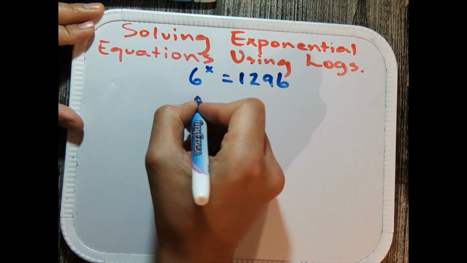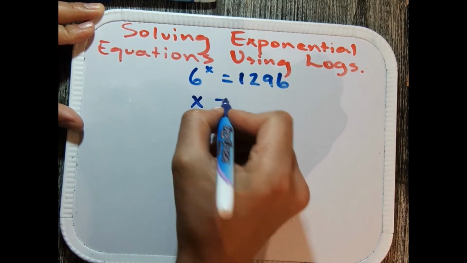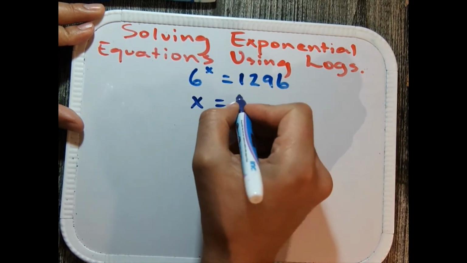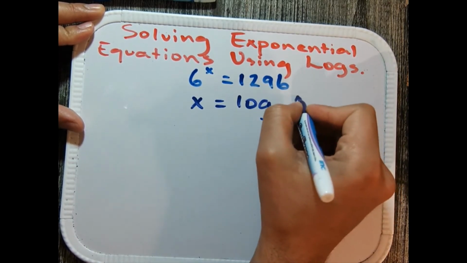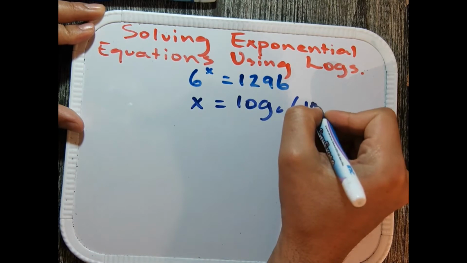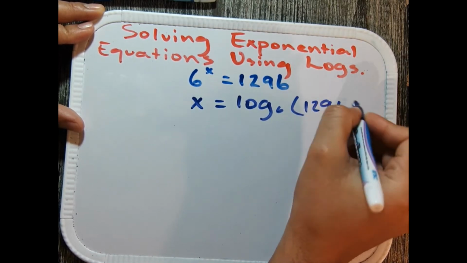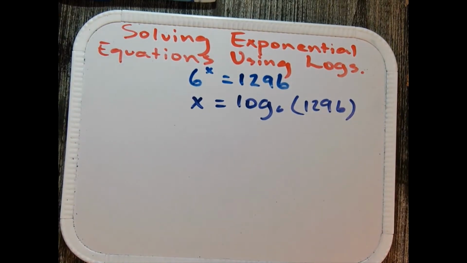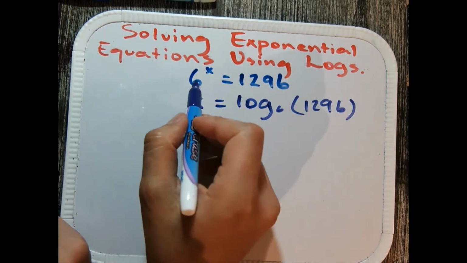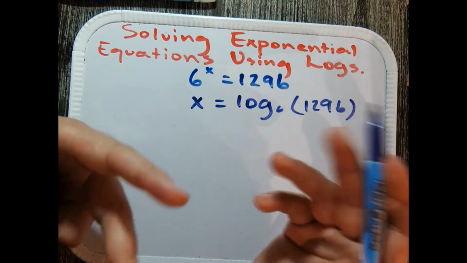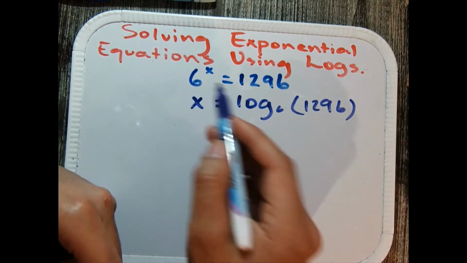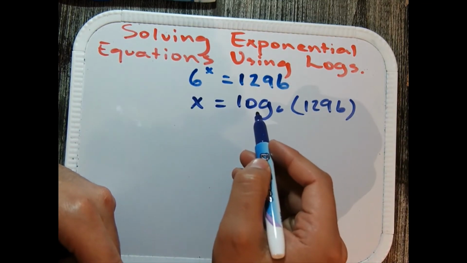So now we have x equals the log base 6 of 1,296. The way we move this 6 to the other side is by doing the opposite operation of the base, which is using the log.